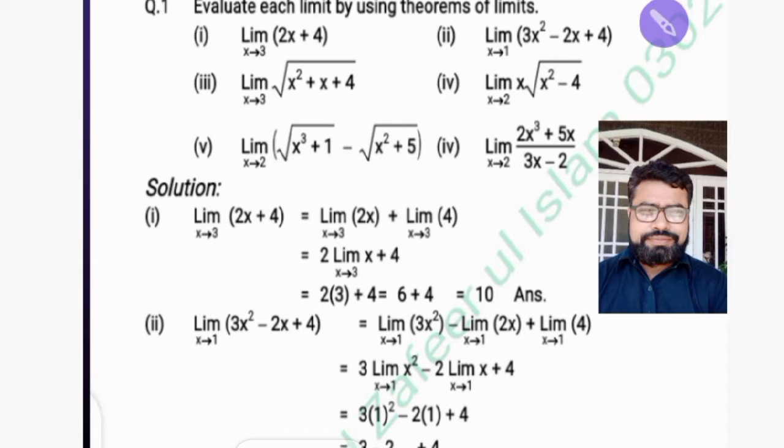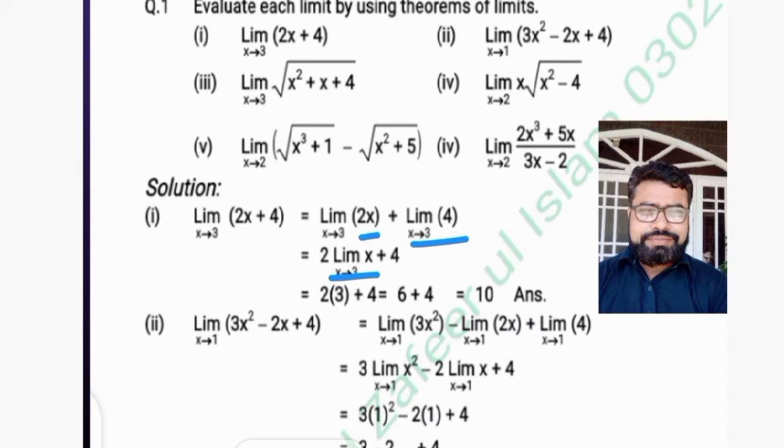Now second theorem of limit, if there is a coefficient, we have to write it outside the limit. As the coefficient of x is 2, so we have written 2 outside the limit, and limit x approaches to 3 will be written with x.